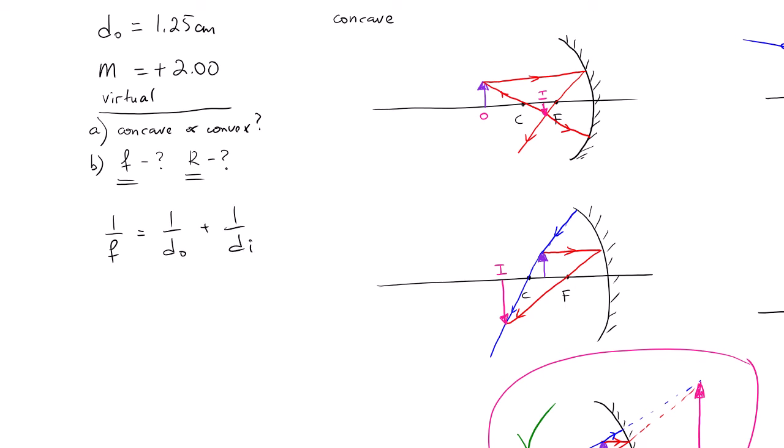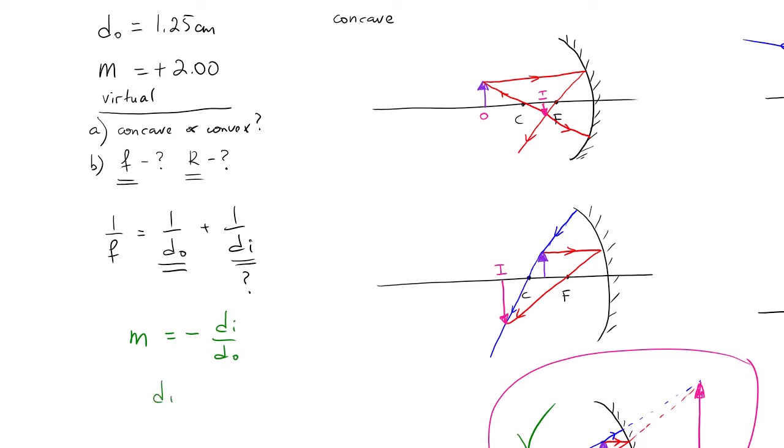So we could find the focal length if we had the distance of the image, but we don't have it. We only have the distance of the object. Now our goal is to find the distance of the image. To find that, we're going to use the magnification, where magnification equals negative distance of the image over distance of the object. So in this case, we have everything.